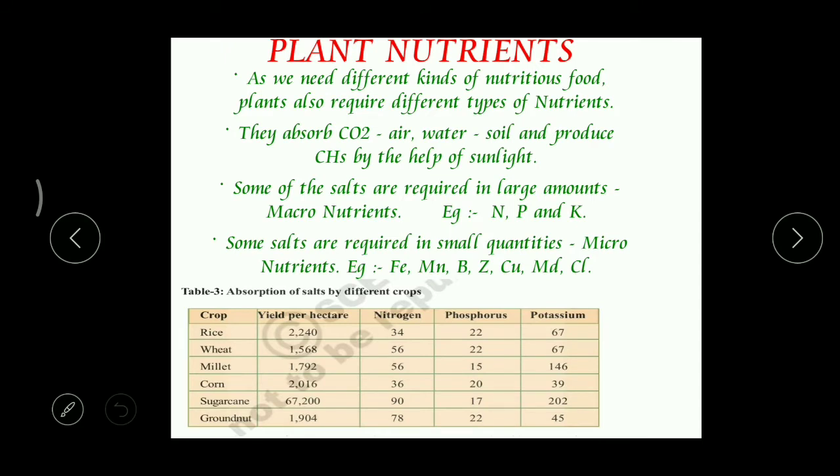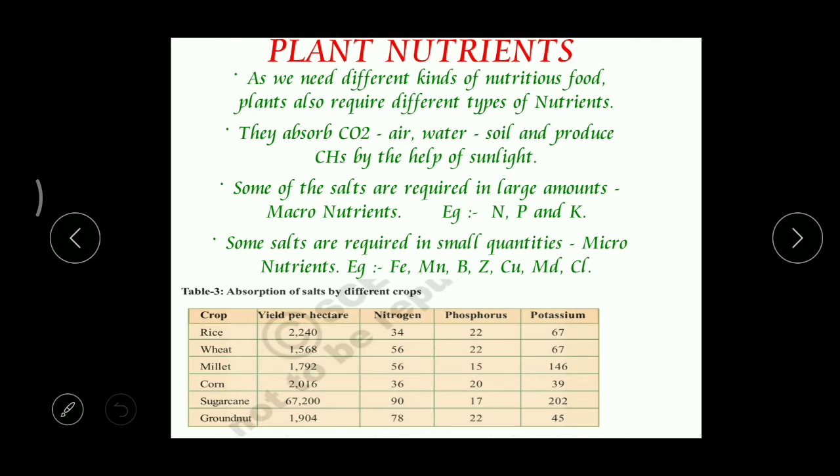Daily our mother prepares different varieties of food materials. Nutritious food. What is meant by nutritious? Don't think delicious, tasty. Nutritious means the food which contains all the types of nutrients like carbohydrates, fats, proteins, vitamins, minerals, fibers, all these things.